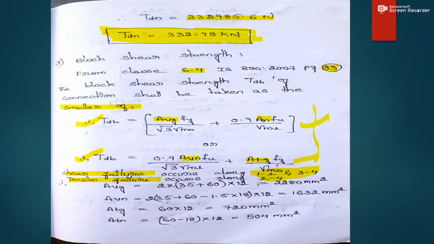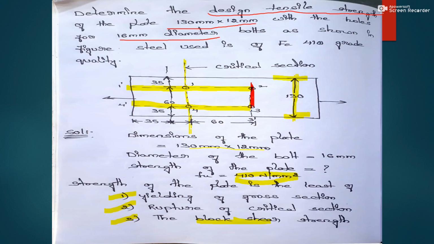So AVG equals to, so see here, first 1, 2 and 3, 4, right? So how much is it? This is 35 and this is 60. So 60 plus 35 into thickness, and we have 2 here, so into 2. So don't get confused.